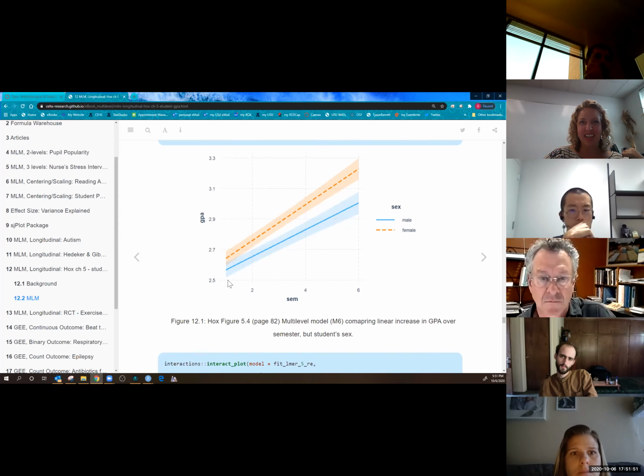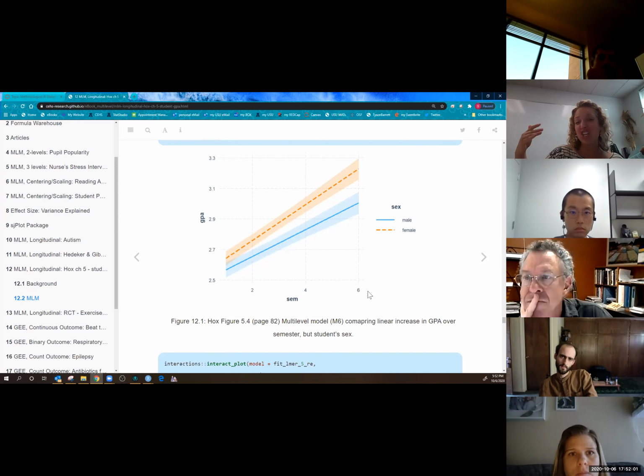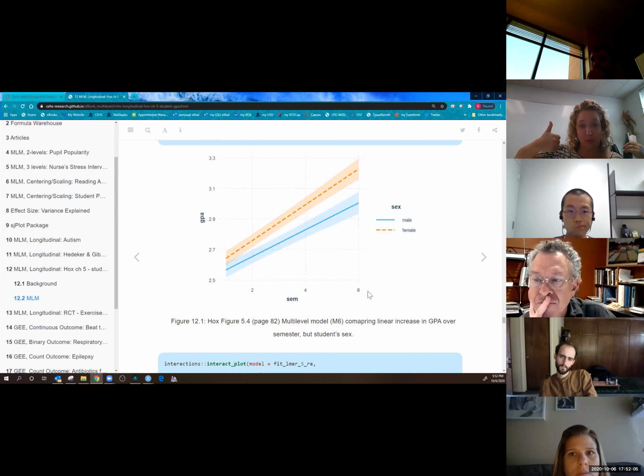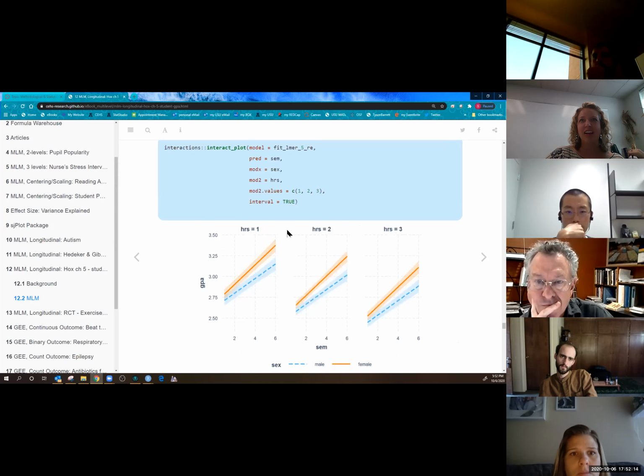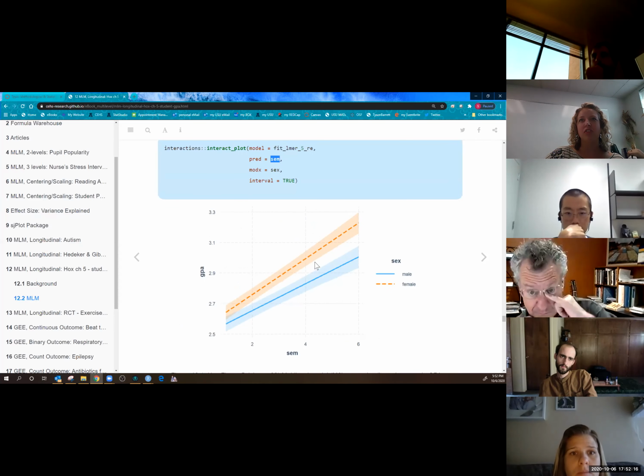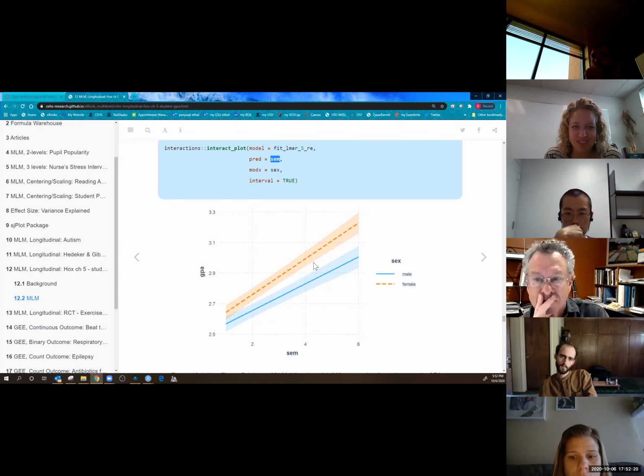And look what it did: 1, 2, 3, 4, 5, 6. It uncenters it when it makes the plot because you only internally centered it in the model. This is the easiest way to do this, I promise. Okay, so there it is, the easiest, simplest syntax. Here I've added a couple, well, let's look at this one first. Okay, what is the nature of this interaction?